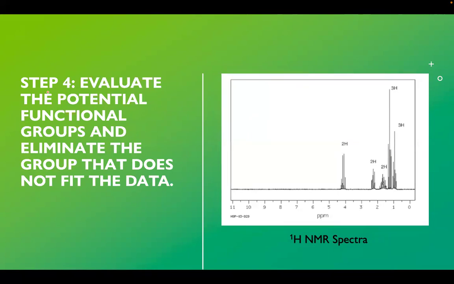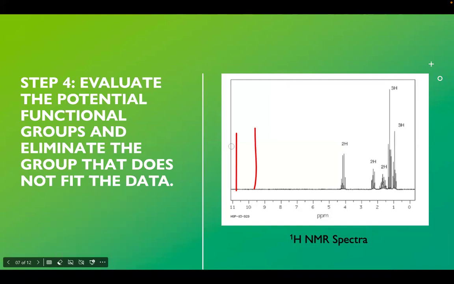The next step, we're going to evaluate the potential functional groups and eliminate the group that does not fit the data. So for a carboxylic acid, we would be expecting a peak around this area. Actually, it'd be a little higher than that, more like up here. You should have a shift for carboxylic acid at 10.5 to 13.0.